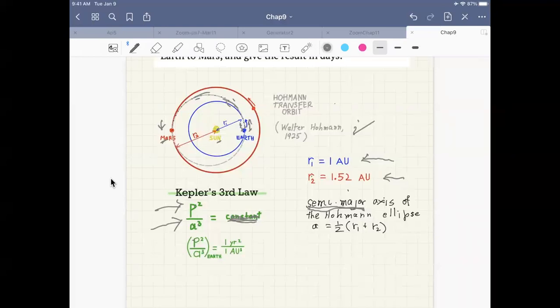That's the definition of the astronomical unit. So p squared over a cubed is 1 divided by 1. It's 1, but you have to be careful about the units. The units are years squared in the numerator and astronomical units cubed in the denominator.